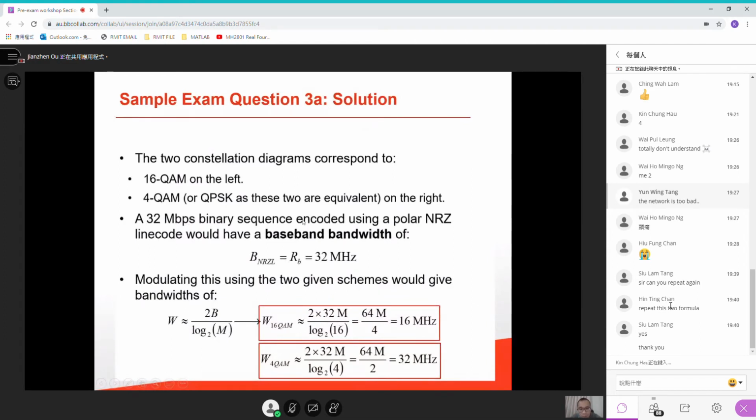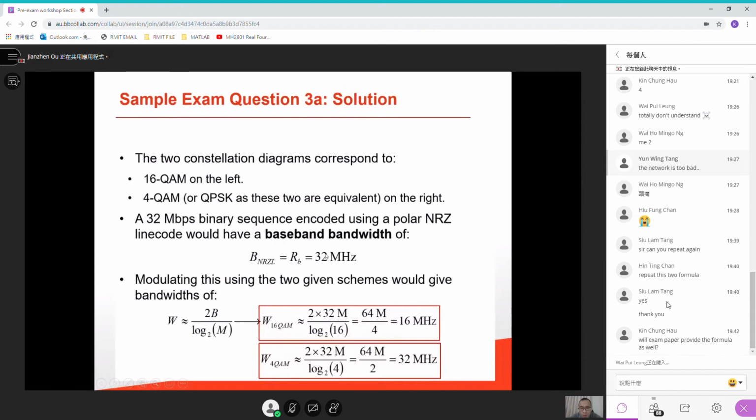The question is, what is the baseband bandwidth when using an NRZ line code? Don't worry about polar or unipolar, we don't care about that. According to the table I showed you just now, the transmission bandwidth of NRZ line coding is equal to the bit rate, which is equal to 32 megahertz.